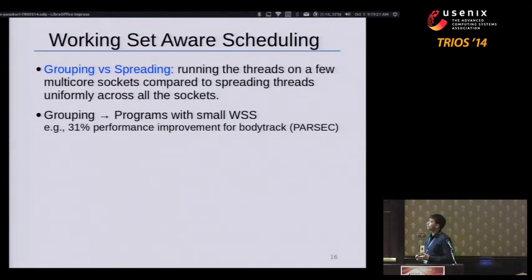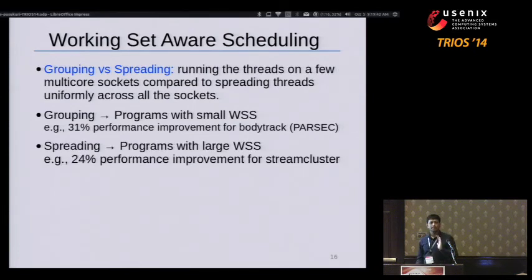For example, we ran the bodytrack program from the PARSEC benchmark suite, which gives 31% performance improvement when we group the threads on fewer processors compared to uniformly spreading the threads across the sockets. Also, for programs with large working sets, we observed that spreading the threads across the sockets gives better performance. For example, Streamcluster from the PARSEC benchmark suite, which has a very large working set, achieves 24% performance improvement.